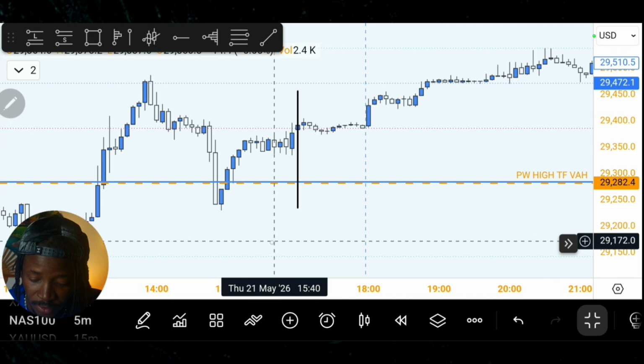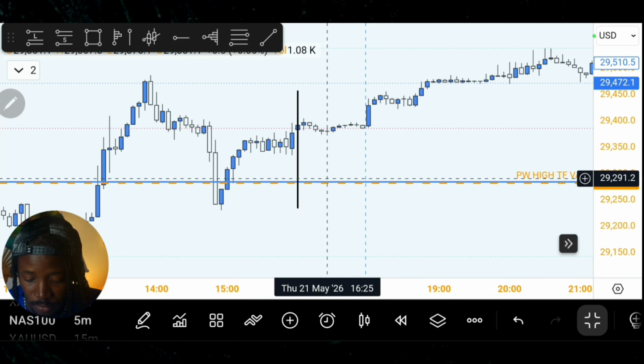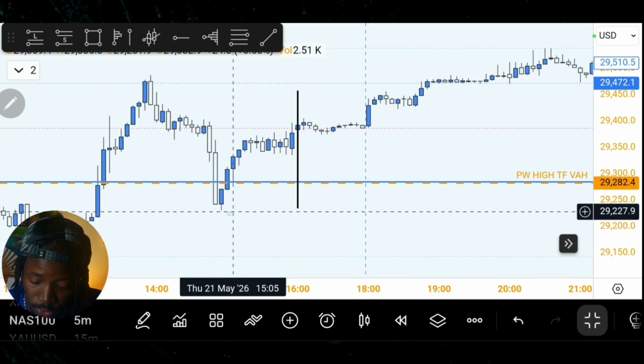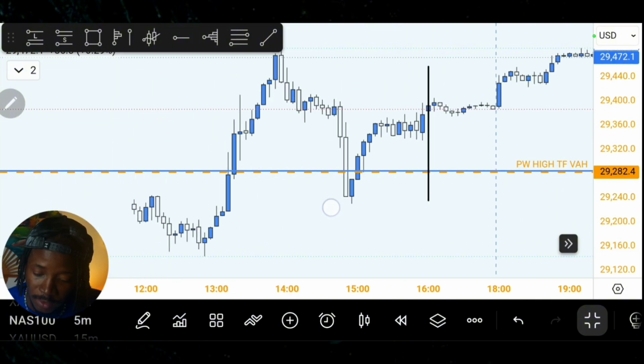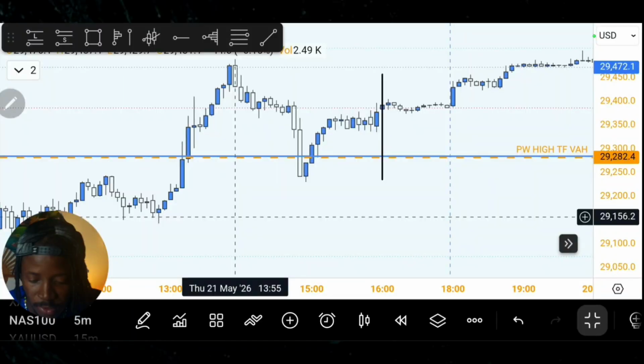Most of my trades I take from the 5-minute chart, but I'll show you how this trade looks on the 1-minute chart if that's what you prefer. Be prepared for some losses because the 1-minute chart won't be as strong as the 5-minute chart, but you tend to get more trades. So it's up to you what you want.